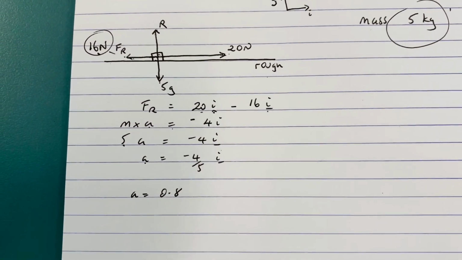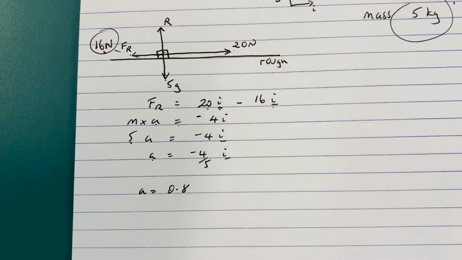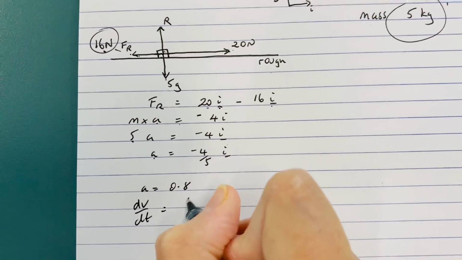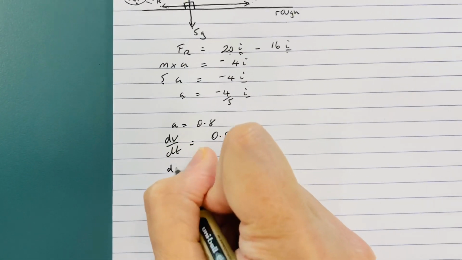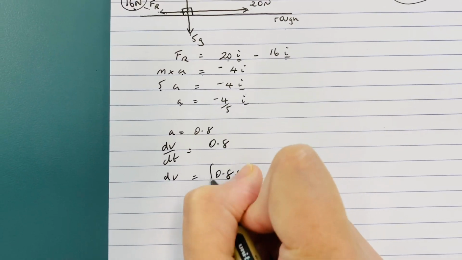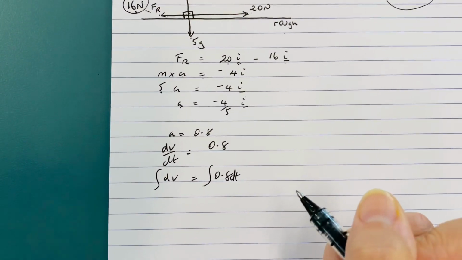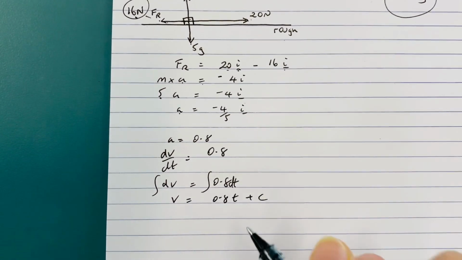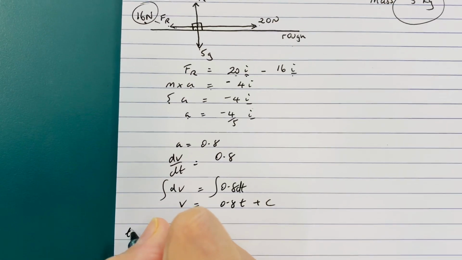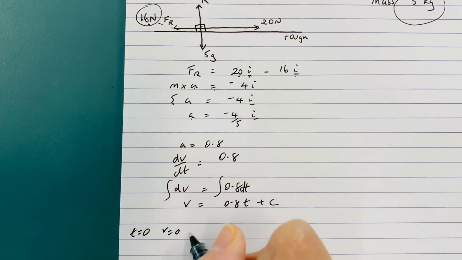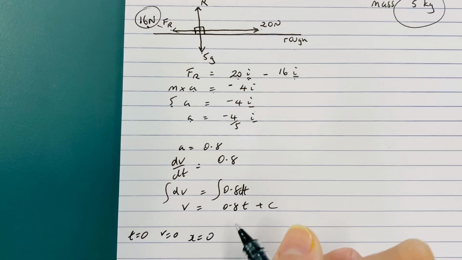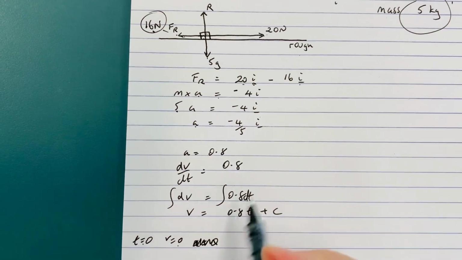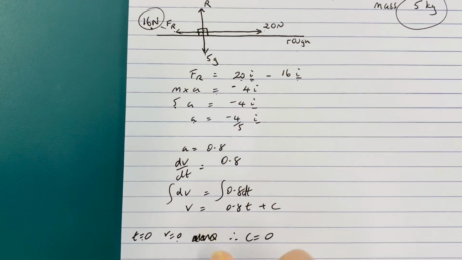And we need to know how far does the object travel during that first 5 seconds. So we know a is dv/dt, which is 0.8. So dv equals 0.8 dt. So v equals 0.8t plus c. Now if we say initially t is 0, v is 0, x is 0, therefore c must be 0.